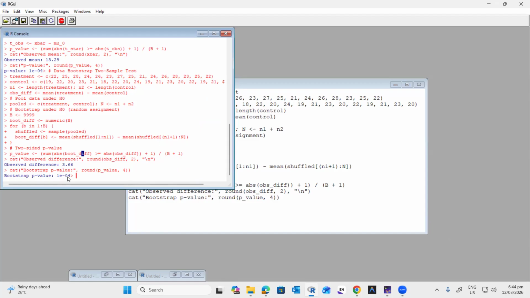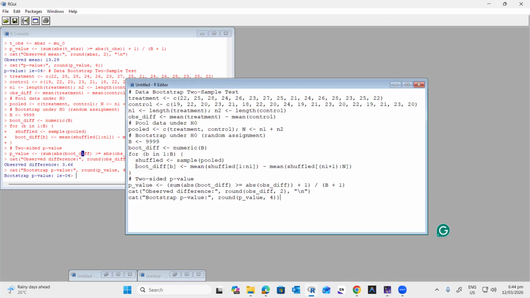So this code performs the two-sample randomization test, often called the permutation test, for the difference in means. By repeatedly shuffling the pooled data and recomputing the differences, it builds the null distribution of the test statistic under the assumption that the group labels are exchangeable.